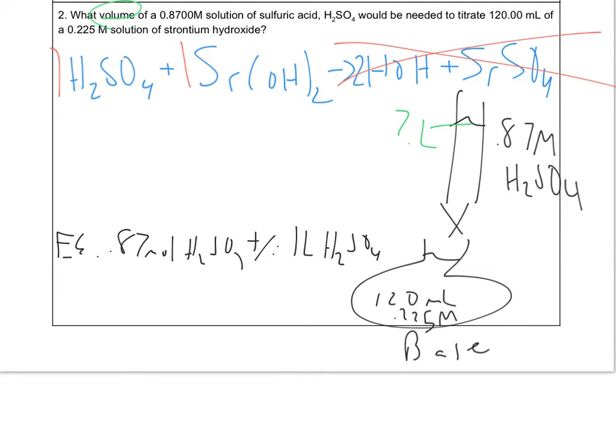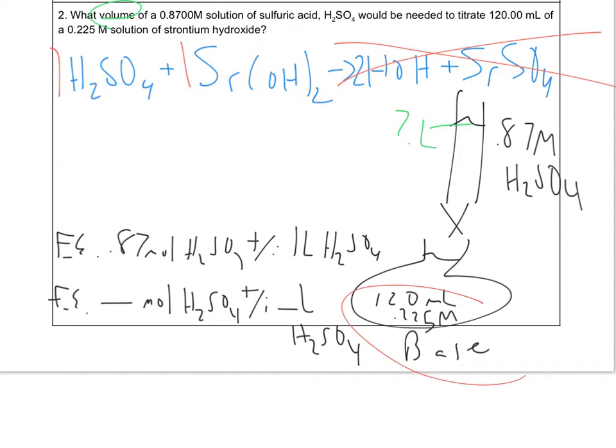And so we want to know the number of liters that need to be pulled to get that many moles. So we need to find this so that we can find this. And so we're going to use this information right here.